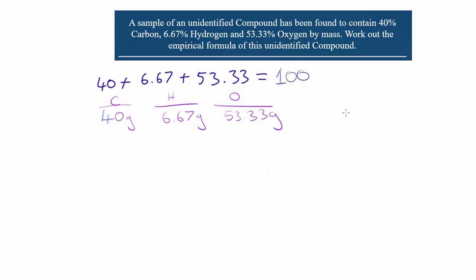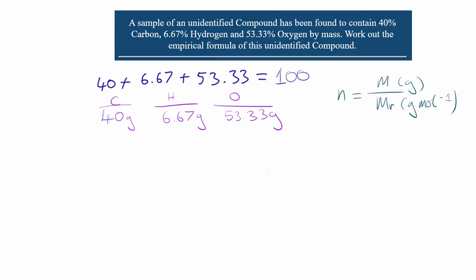The equation which shows a relationship between masses and moles is that the moles, n, is equal to the mass divided by the molar mass, Mr, with mass in grams and molar mass in grams per mole. Now we need to get the molar masses in order to use that equation on these values we have.